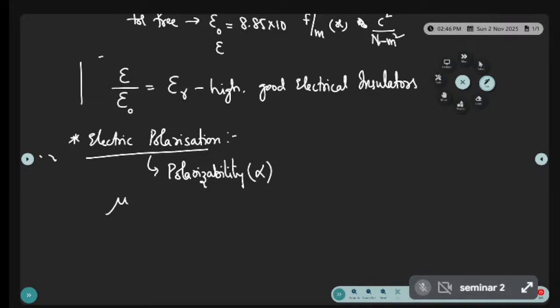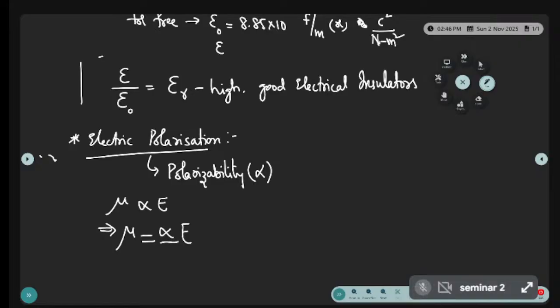Dipole moment. Dipole moment is directly proportional to E. Further, in place of proportion, what do I have to write here? Some proportionality constant. That proportionality constant is alpha.